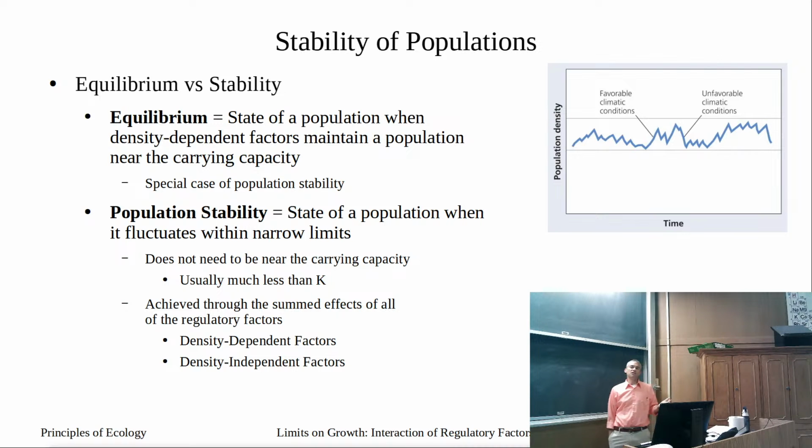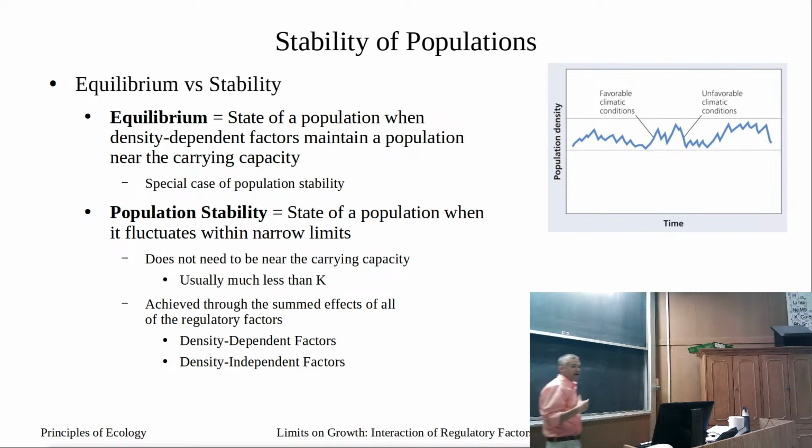So for ecology, when we refer to equilibrium, it means that our population is going to be maintained near our carrying capacity. All right, and it's going to be maintained near that carrying capacity through the density-dependent factors. We're not saying we are completely at it, but we are near it.